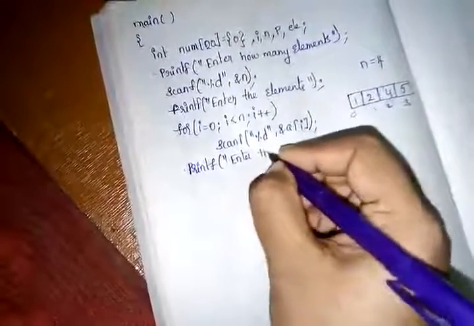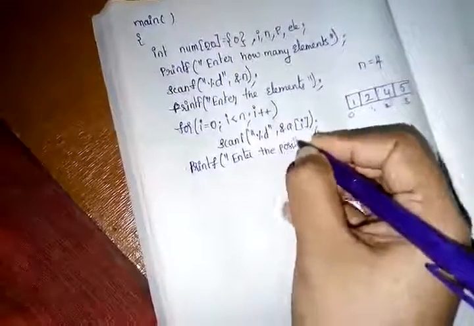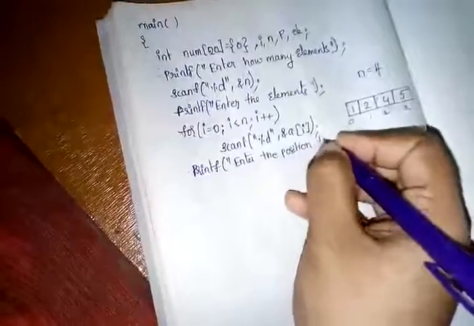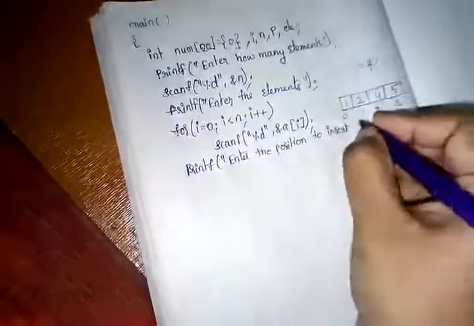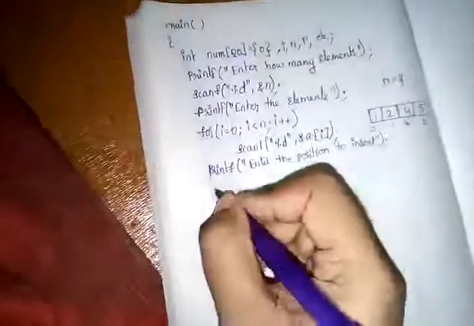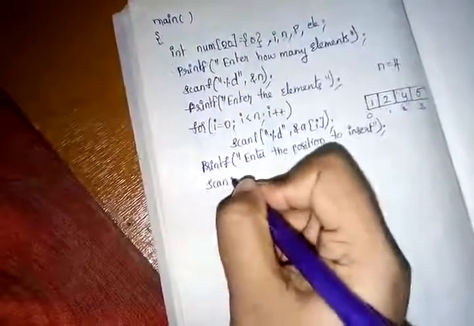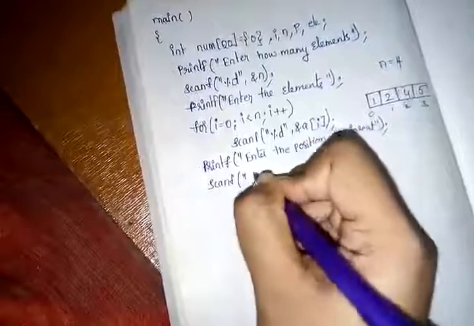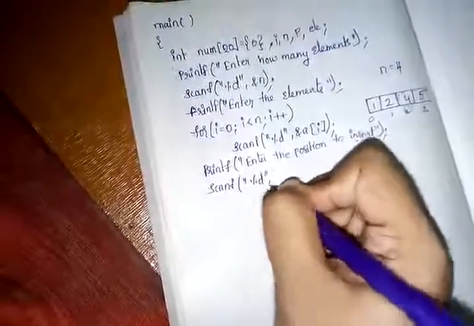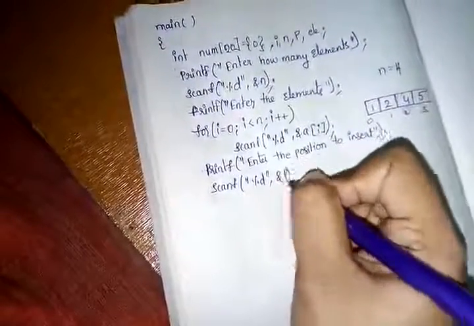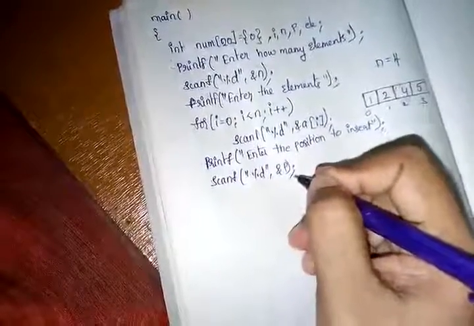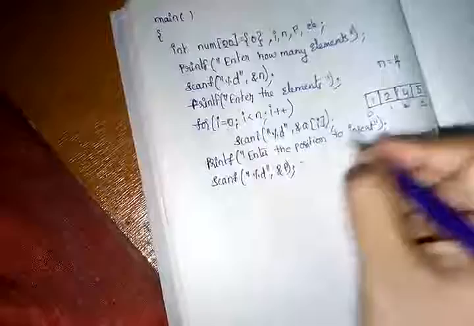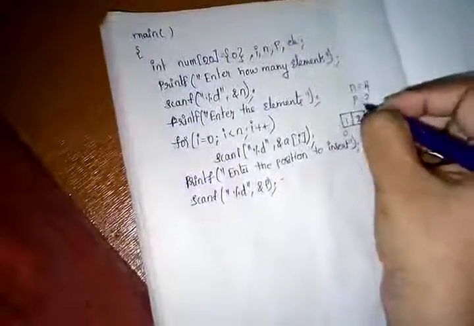So, enter the position to insert. That position value we need to take as input from the user, %d, &p. Since I want to insert the third element, I'll give the input p = 3.